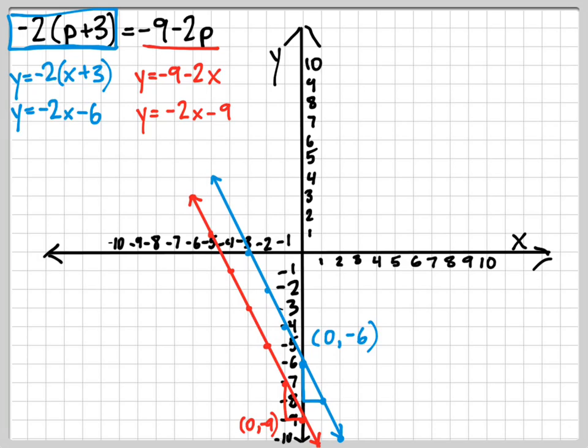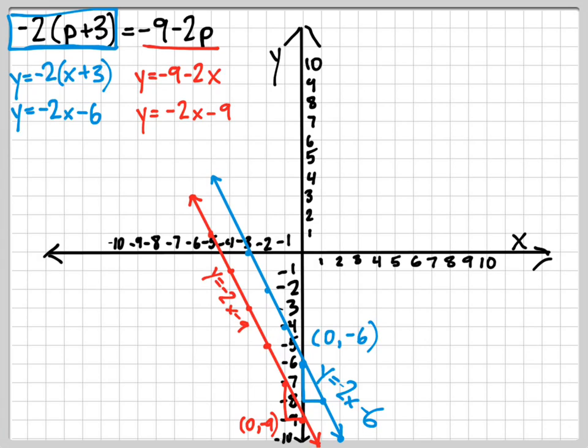Here's the line y equals negative 2x minus 9. And here's the line y equals negative 2x minus 6.